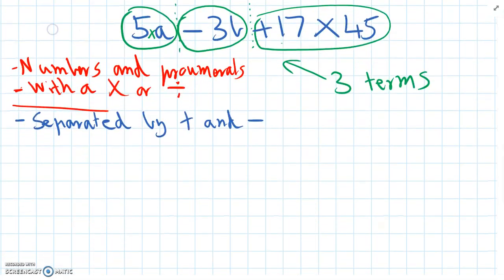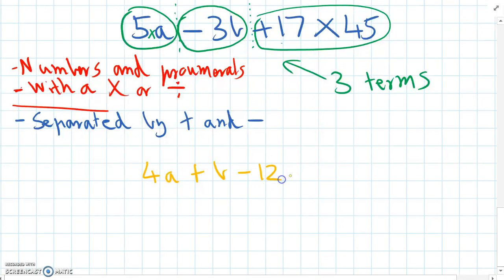Let's do one more example. In this expression, we have 4a plus b take away 12c plus 5. So we're looking for the addition and the subtraction signs, and they are separating each of the terms.